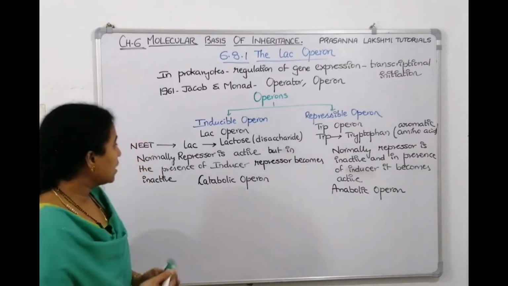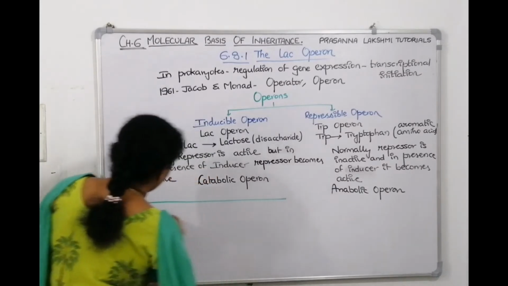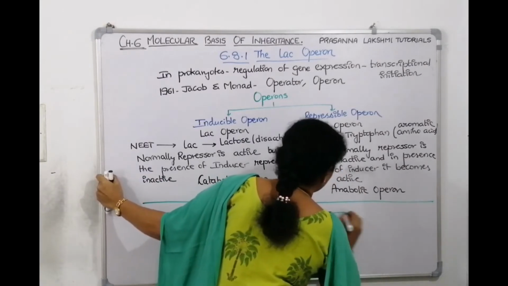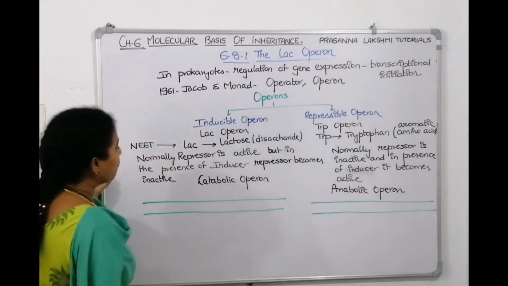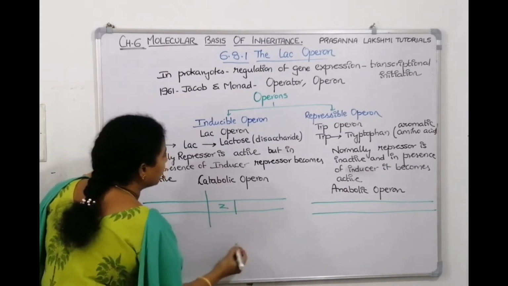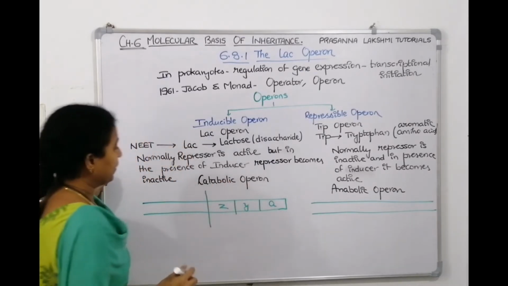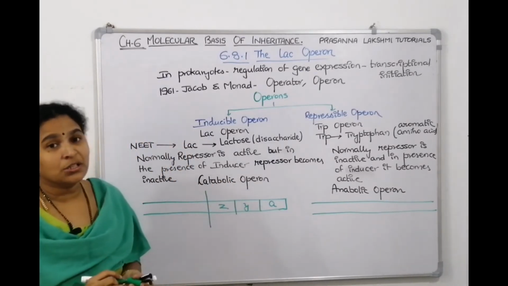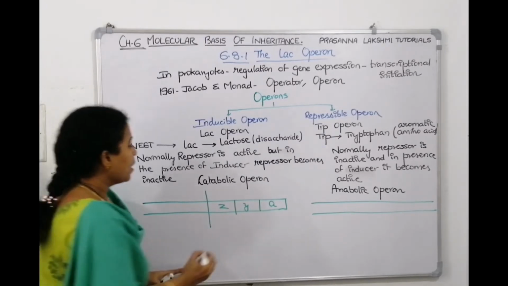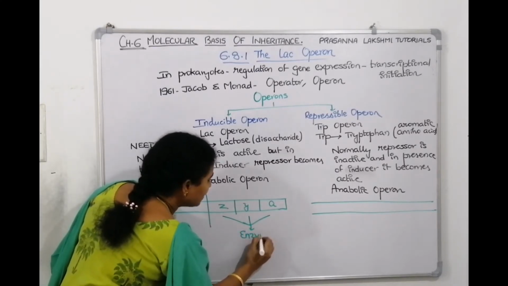Okay. So if you want to see once again, let's take the picture. Here I am drawing a Lac Operon and here I need to draw the Tryptophan Operon. In Lac Operon, children, there are three structural genes. One gene is called Z, another gene is called Y, the third one is called A. So in Lac Operon, the structural gene has three parts: Lac Z, Lac Y, Lac A. All these three genes will code for enzymes.